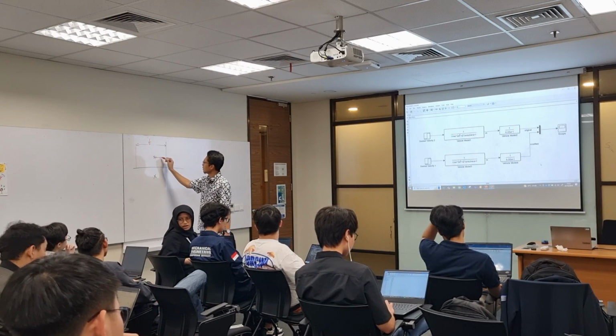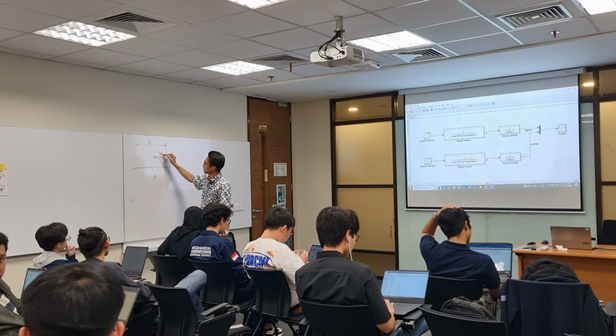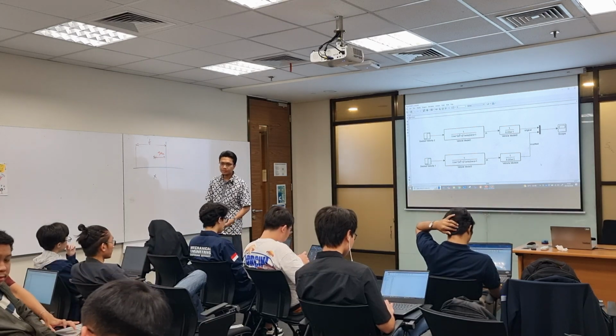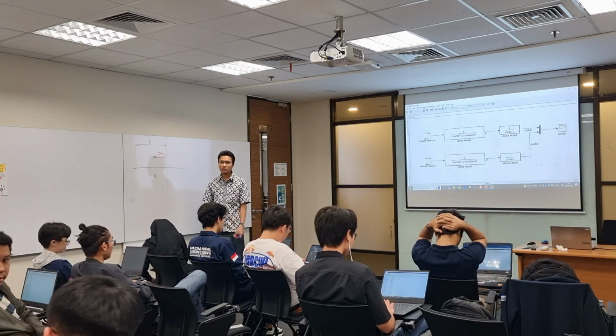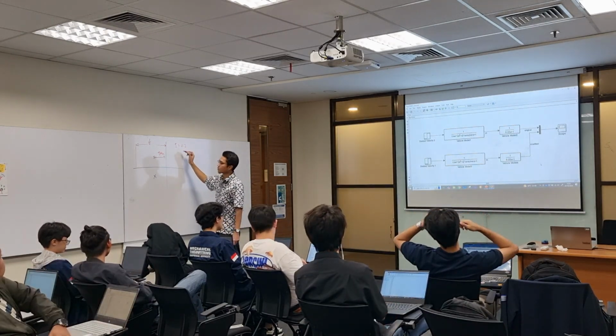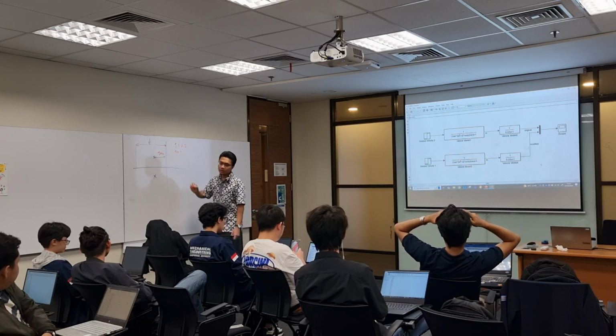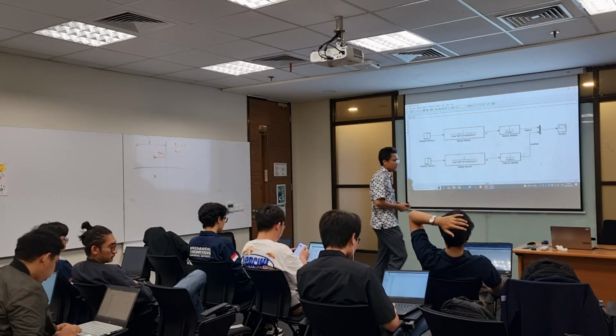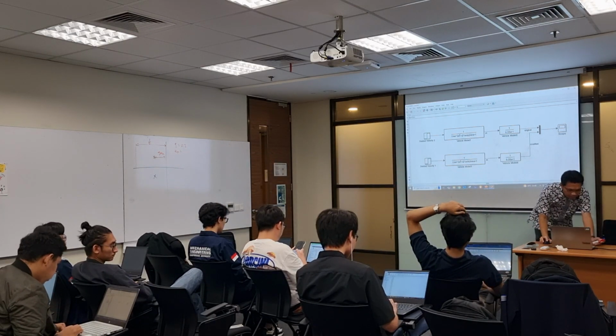You know that this is zeta omega n. You set zeta to be 0.2. Let's see how I check it.